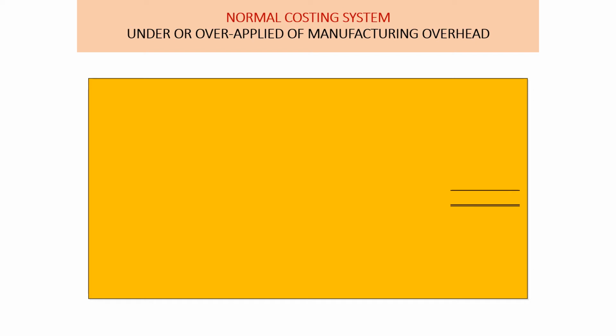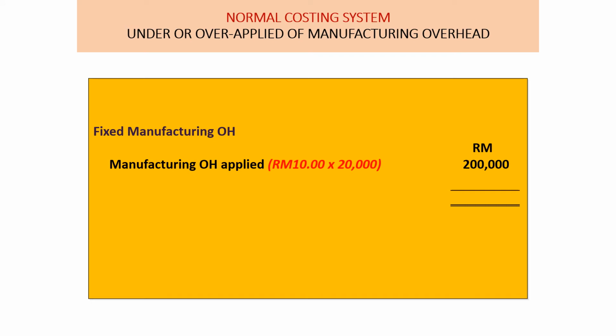Next, we look into the under or over applied manufacturing overhead. We look at the fixed manufacturing overhead. Manufacturing overhead applied is 10 ringgit times 20,000 current production, therefore 200,000. Compare this with the manufacturing overhead incurred for the current year, 180,000.